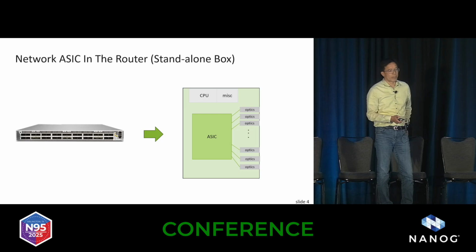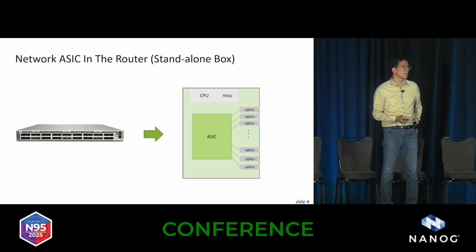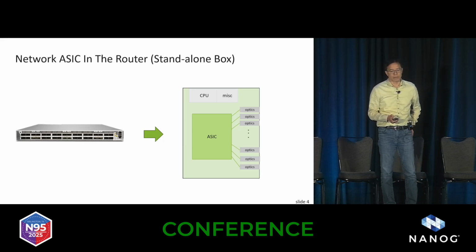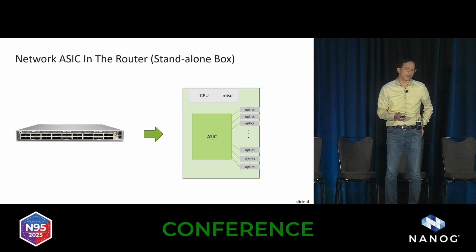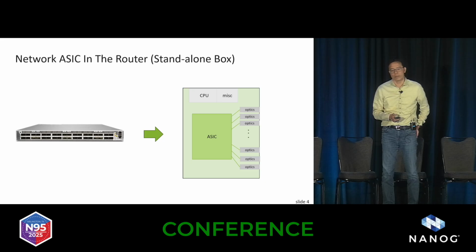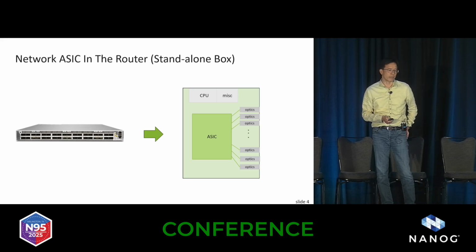So another form factor is a standalone box. Some people also call it fixed form factor. It's not the modular chassis; some people also call it pizza box. And it can have multiple ASICs inside connected by fabric, or can only have a single ASIC.